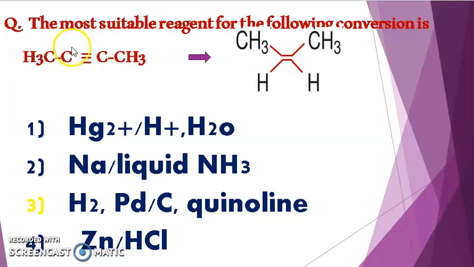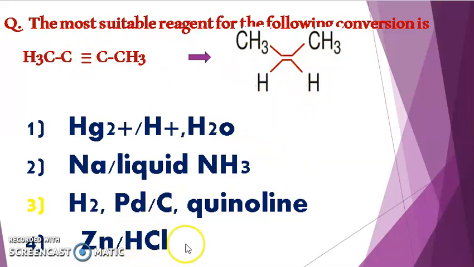If the adsorption happens, the conversion will be like this, right? So the bond formation, H will come here, and also here. So the product will be cis alkene. So this is the correct product from the particular reagent. This catalytic reduction reagent is used for the conversion from alkyne to cis alkene, right?